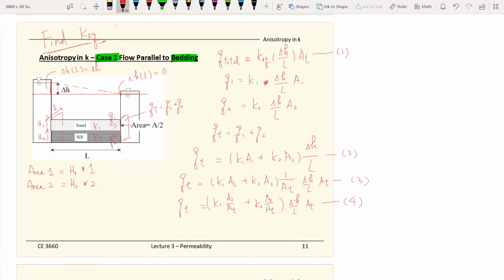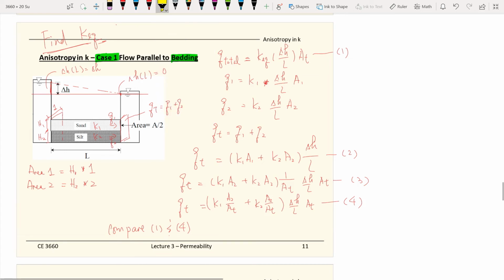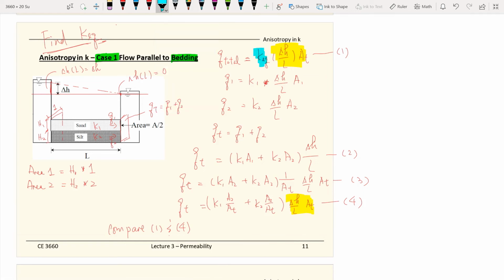So if we compare equation 1 and equation 4, we realize that this part is the same, and this part is pretty much the same.